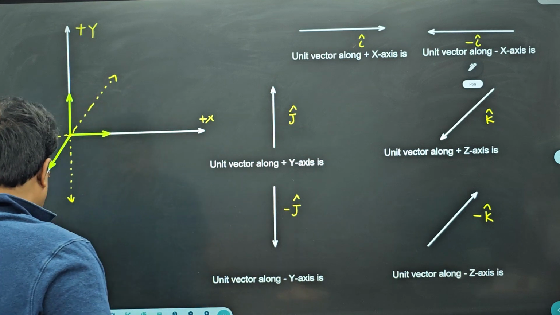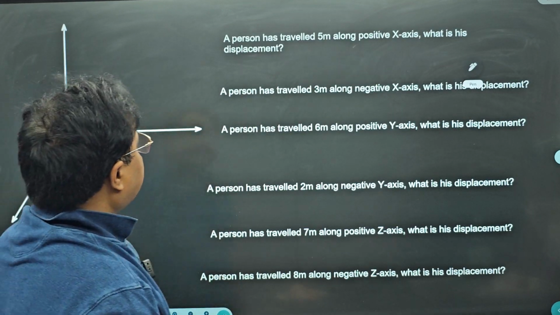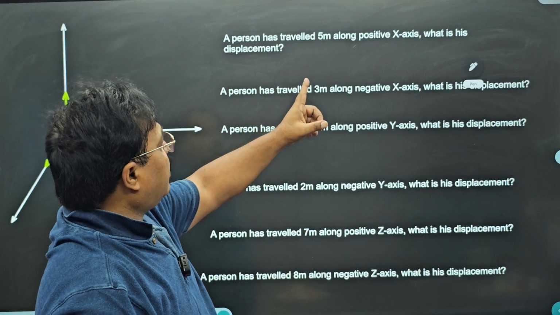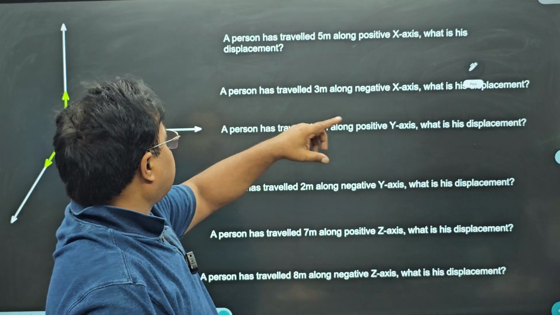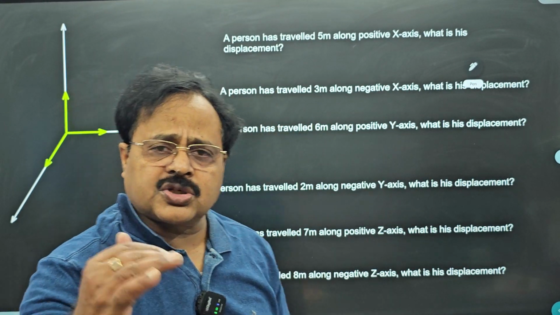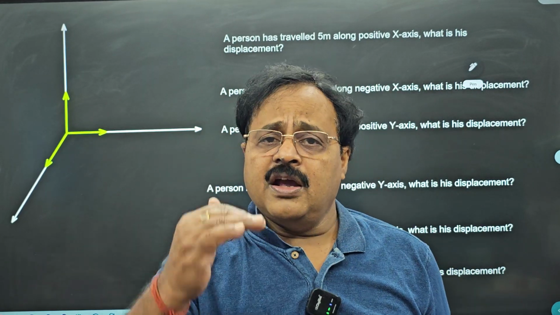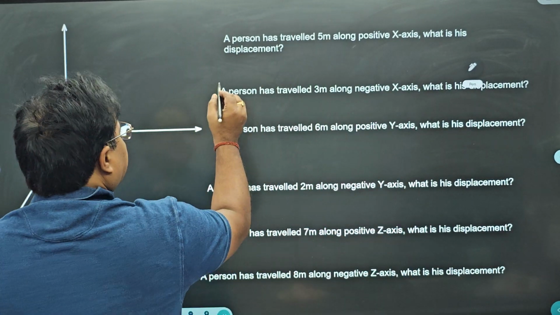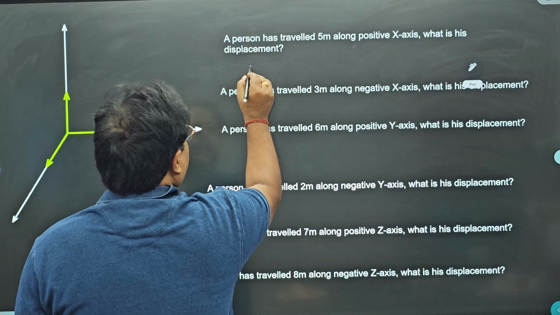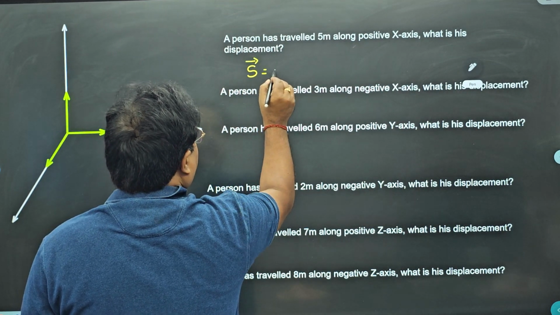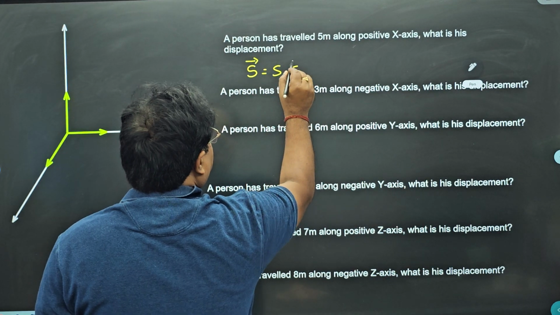Okay, my dear students, then how do we represent a complete vector? What is the question? A person has traveled 5 meters along the positive direction of x-axis. What is his displacement? My dear students, you know displacement is a vector quantity. If I write displacement as S vector, it has a magnitude part and a direction part.